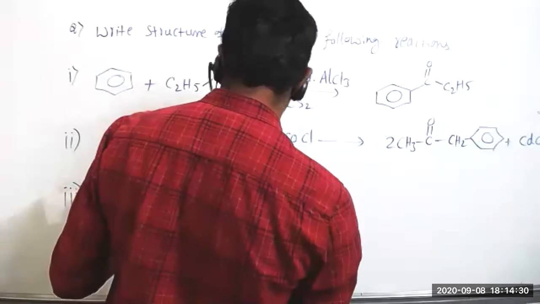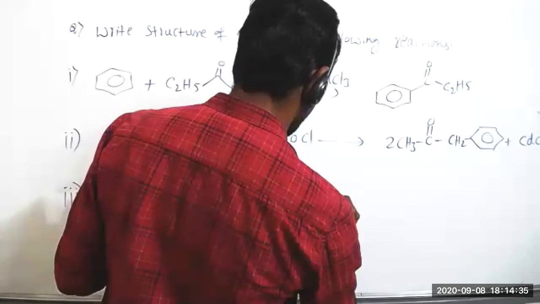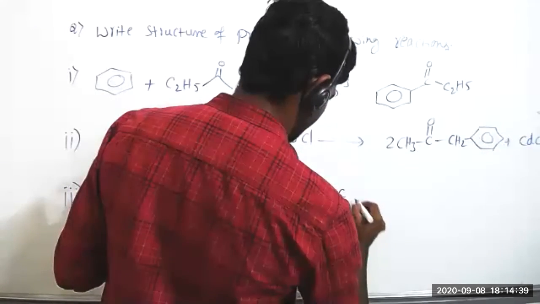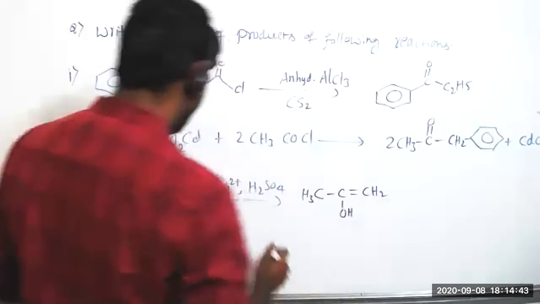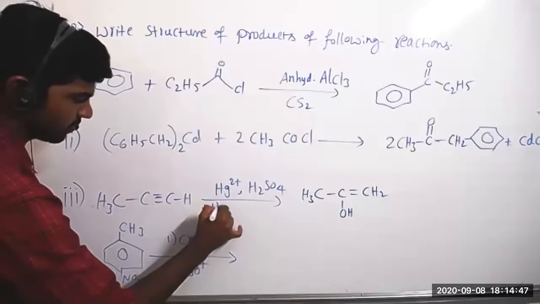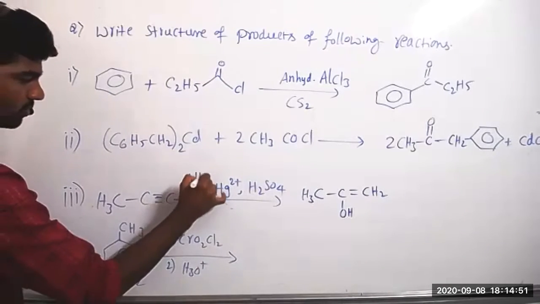The first step, CH3, C(OH) double bond CH2. So here actually we are doing addition of water. I think here in the reaction it is not mentioned. Don't confuse, here we are taking addition of water.